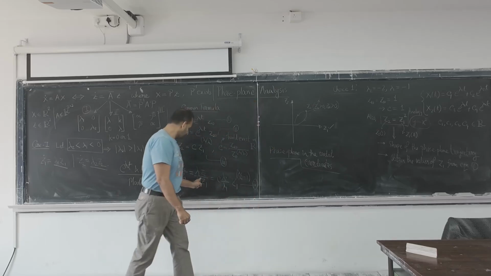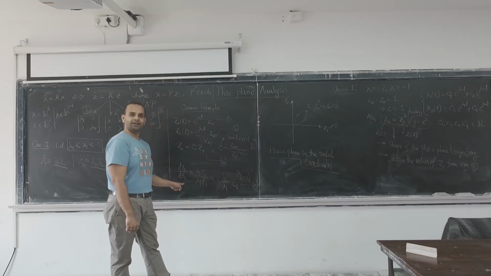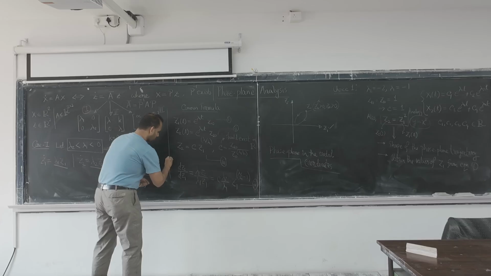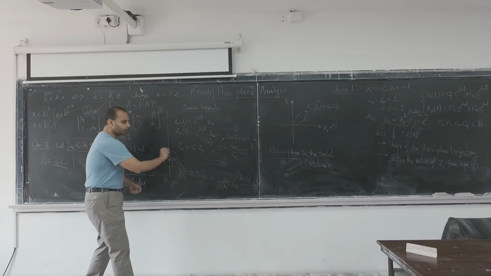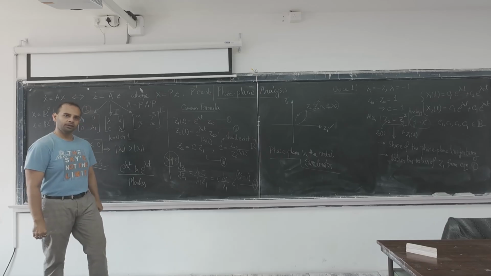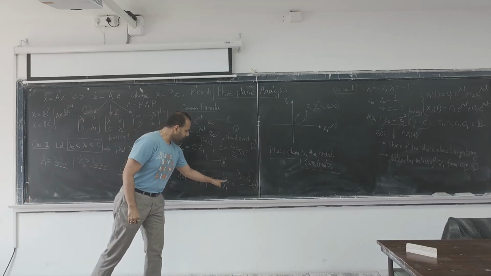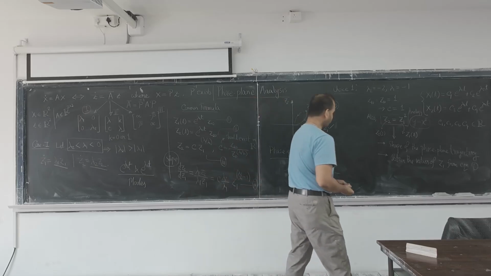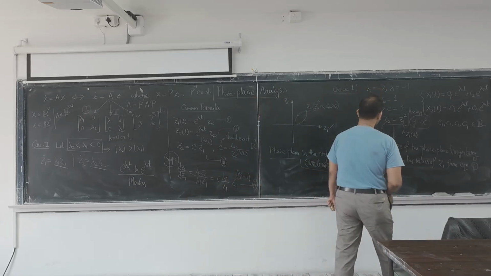So you see this dz2 by dz1. That will denote the slope, isn't it? Slope of the phase plane trajectory.